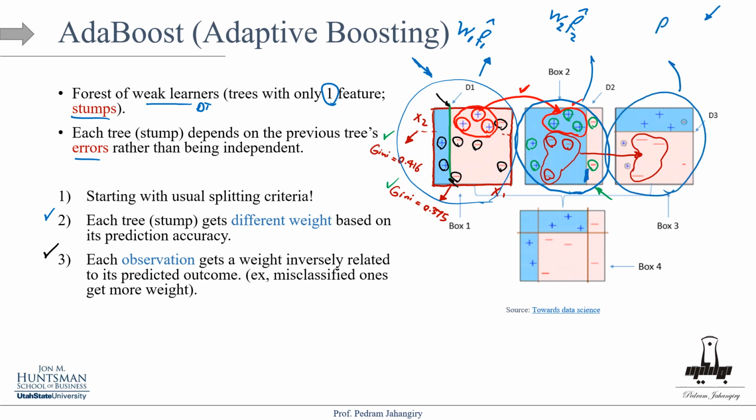Let's call it f hat 3, and then based on the prediction of this third model, we're going to give it some weight 3, and we're going to repeat this process many times, right? At the end of the day, we're going to aggregate all the trees based on each weak learner's weight, right?